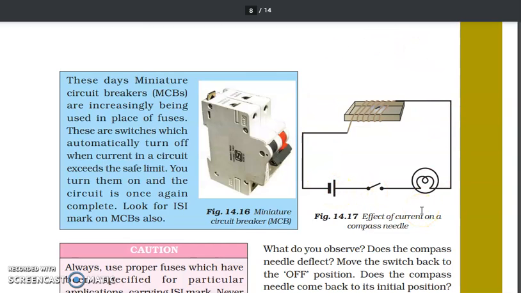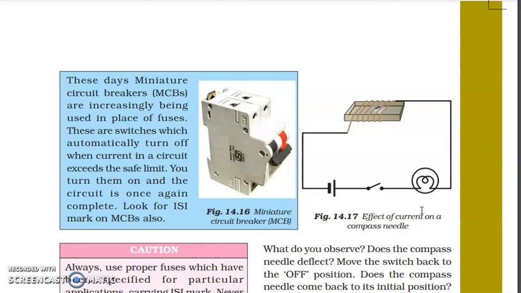Whenever electric current flows through the circuit, we will notice magnetic deflection. The magnetic needle will show deflection without the presence of any other magnet. That means a magnetic field is generated while electric current is flowing through the circuit.